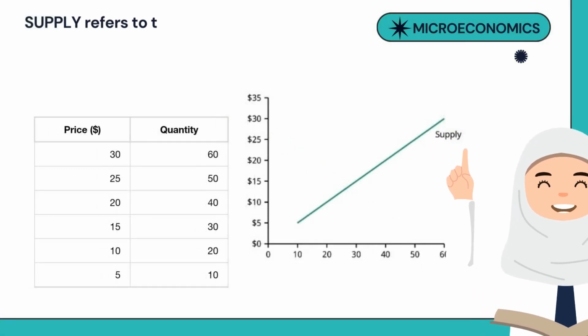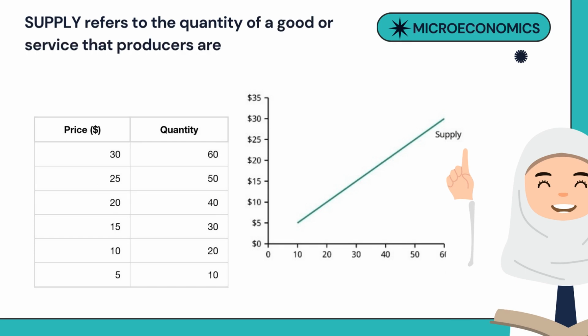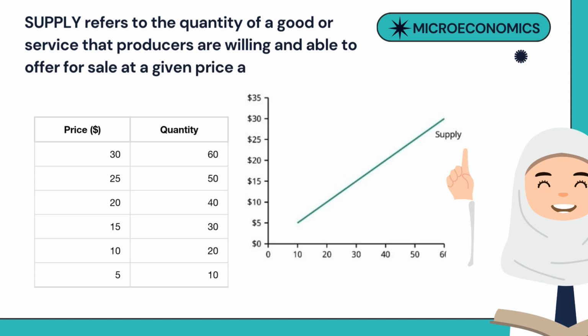Supply refers to the quantity of a good or service that producers are willing and able to offer for sale at a given price and within a specific time period. Supply in microeconomics refers to the quantity of a good or service that firms or businesses are willing to sell at different prices. The supply curve illustrates the positive relationship between price and quantity supplied, indicating that higher prices encourage firms or businesses to provide more of the product for sale.